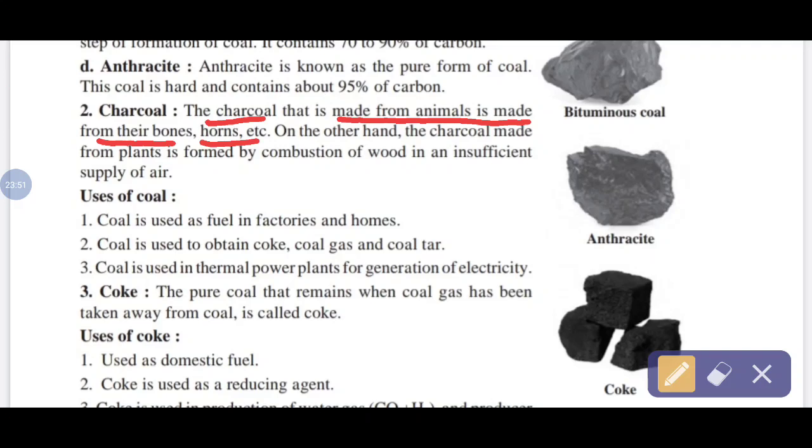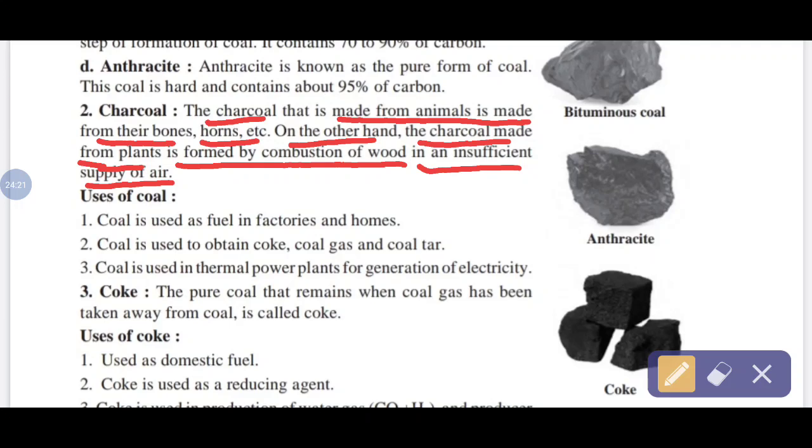On the other hand, the charcoal made from plants is formed by combustion of wood in an insufficient supply of air. That is an important condition. Very little oxygen is supplied in the process of combustion of wood. So charcoal is formed. Only this much information is given about charcoal. Next.